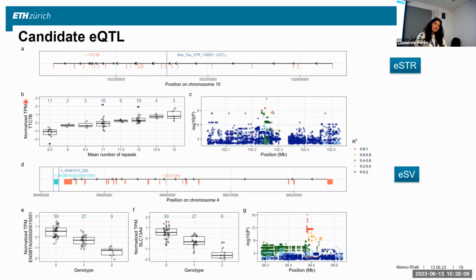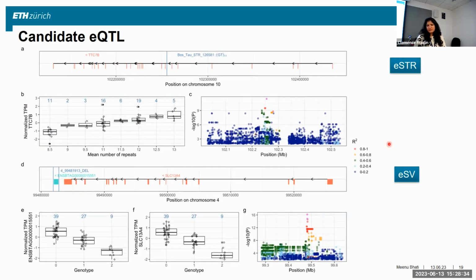If you look at the normalized expression of this gene, divided based on the mean repeat number, as I explained before, and on the top is the number of animals we observed in our data set, you could see that expression is sequentially increasing. This is also explained by our eQTL top analysis results, that this is among the top eQTL candidates.